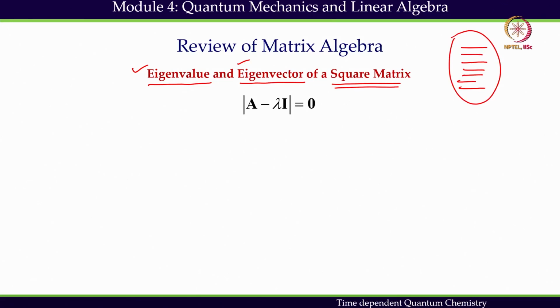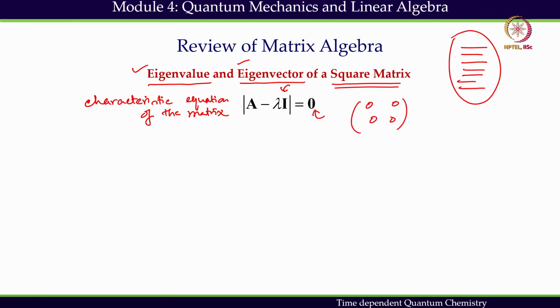The eigenvalues of a matrix can be computed using this characteristic equation of the matrix. This is called the characteristic equation. And this is the identity matrix or unit matrix I, and this is the zero matrix or null matrix where all elements are 0.